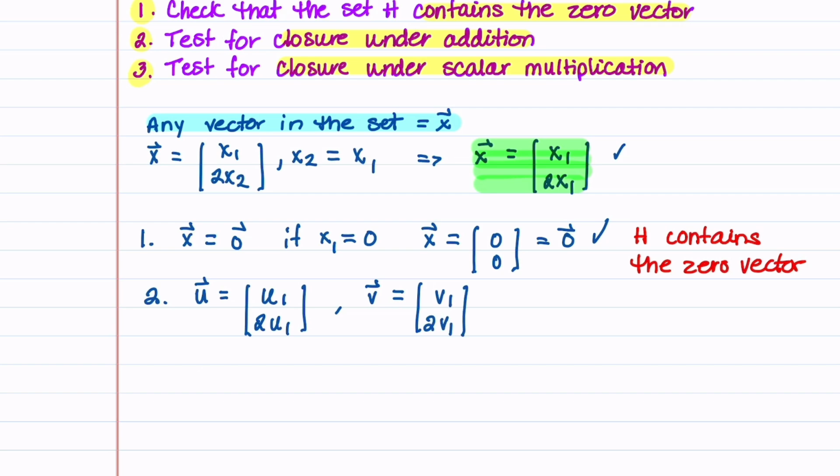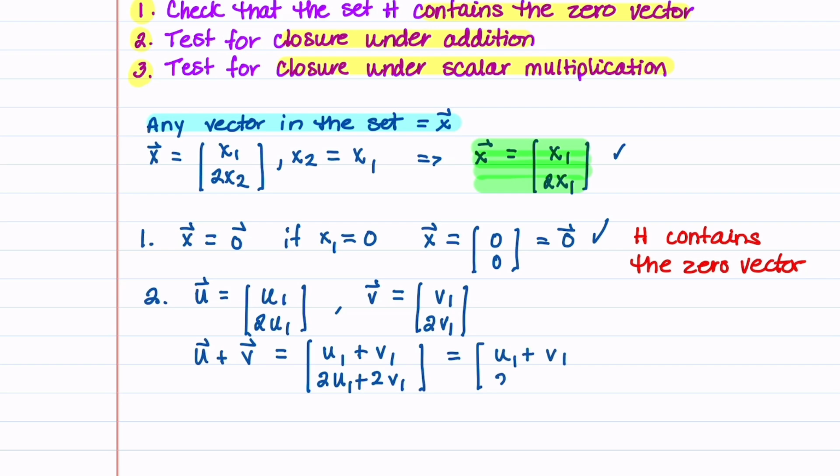To check if it's closed under addition, we're going to take vector u and add vector v. So if we add the first component, u1 plus v1, and then the second component is 2u1 plus 2v1. And then I'm going to rewrite this as u1 plus v1, and then 2 times u1 plus v1.